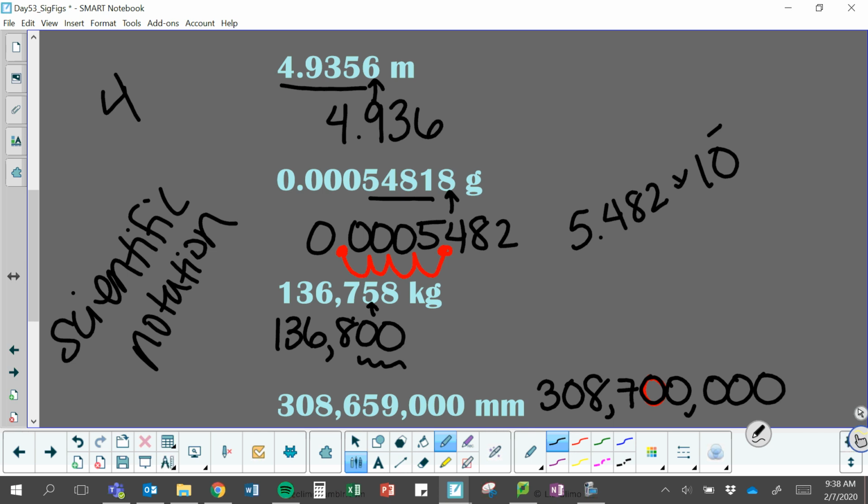So, and we moved it 4 places, so it would be to the negative 4th power. If you're ever confused, you can always just type this number into your calculator and double check that you're getting the same answer that you originally started with.